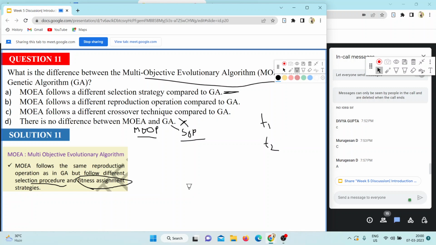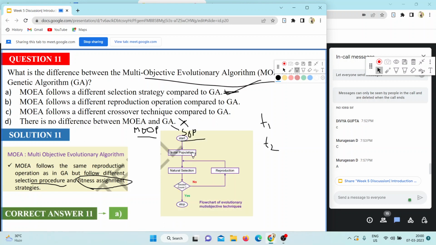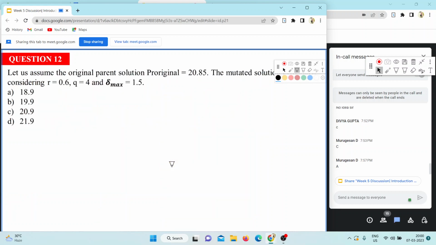That is why we have to select a different selection procedure in place of GA. So answer A is your correct answer. You can also see this by this flowchart. As in GA, all these things are similar; you only have to change the natural selection procedure. Okay, so let's move to the next question.